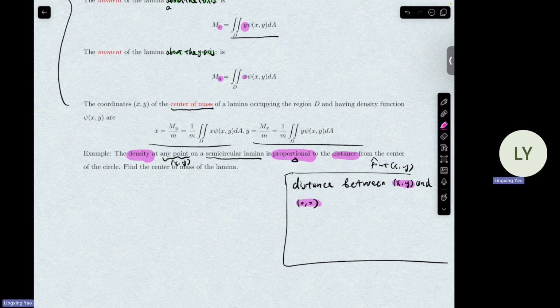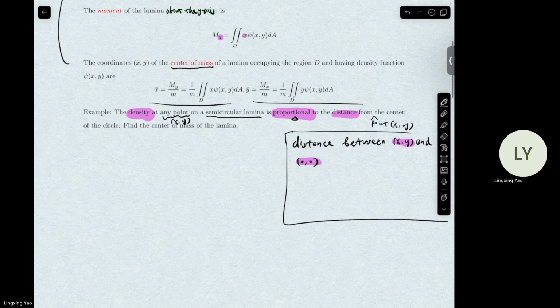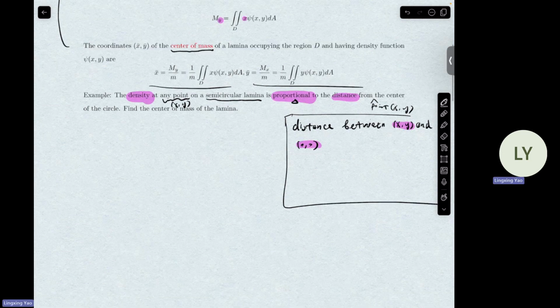This implicitly assumes that we already put our semicircle in a coordinate system. Before we wrote down (x, y) and (0, 0), we did not have to introduce a coordinate system, because what the question describes does not have a built-in coordinate system.